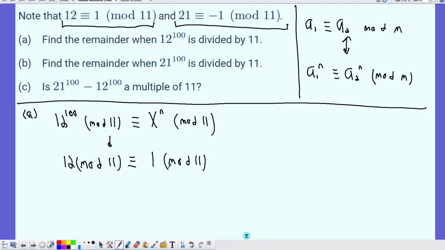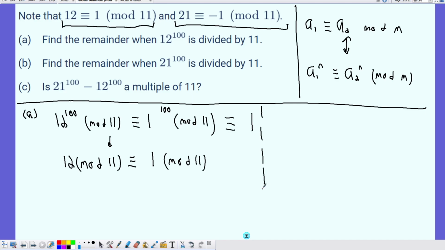So that means my x is 1. Oh, I shouldn't have even put n here. I should have put to the 100th power. Sorry. Make it a little bit more clear. But yeah, this establishes that my x is 1. And 1 to the 100th power is just congruent to 1 mod 11, of course. But still just 1.